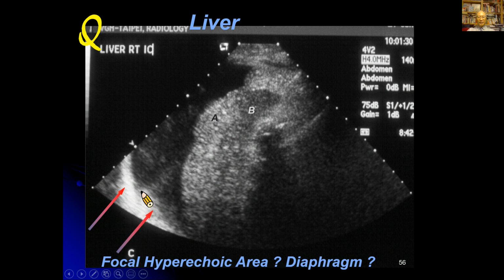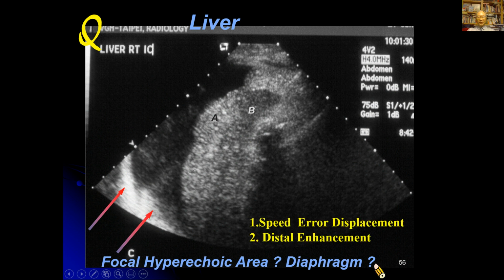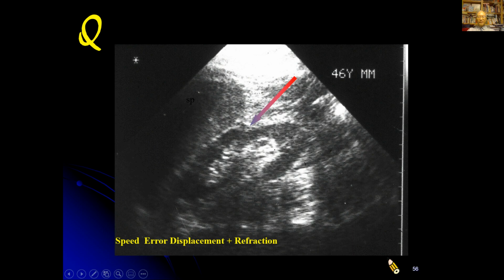It seems to be interrupted. Actually, that's caused by the different velocity between liver and ascites. So the diaphragm seems to be interrupted. And so you know the nature is a combination of speed error displacement and refraction.